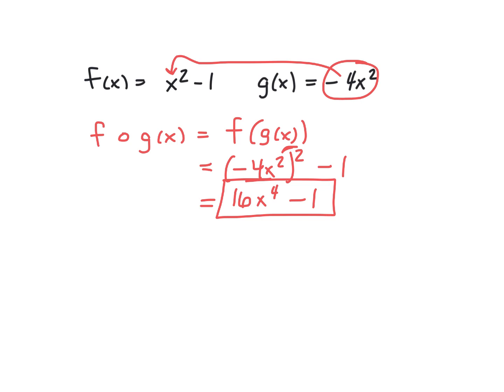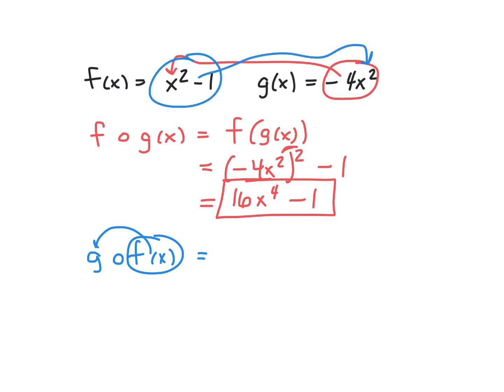If I did this the other direction, if I did g of f of x, now I'd be putting f of x into the g, f of x into g. It'd be negative 4 times x squared minus 1, squared. So how do you square x squared minus 1? You could write it out twice. FOIL.